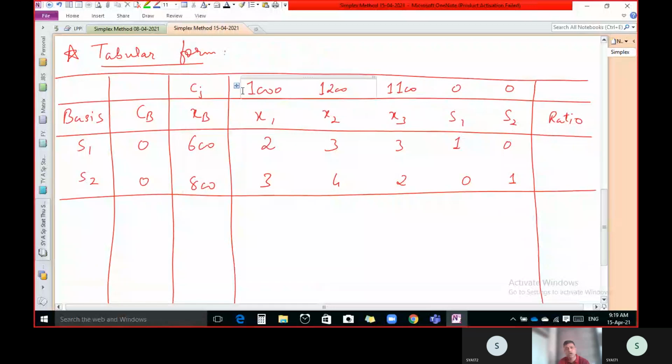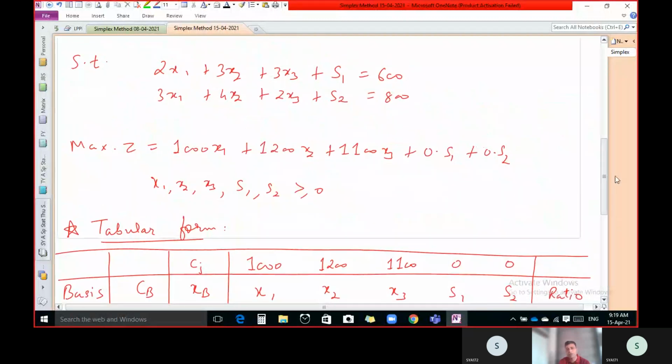The coefficients from the maximize objective function you would write here for the corresponding variables. And here in basis, always we would write slack variables in the first table or surplus variables, and the coefficients of those variables from the objective function you would write here. And these are nothing but the right hand side values, and these two rows are nothing but the two given equations. So we have to convert the given problem into standard form.